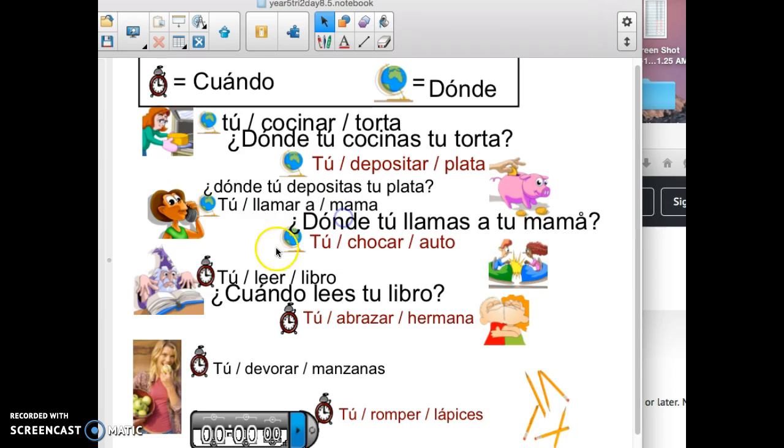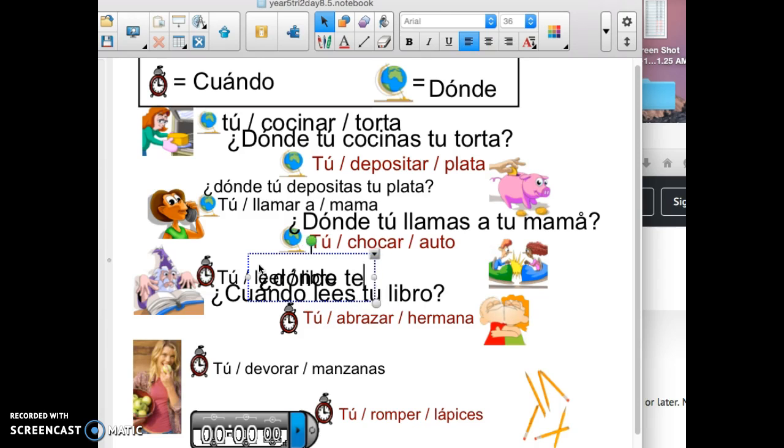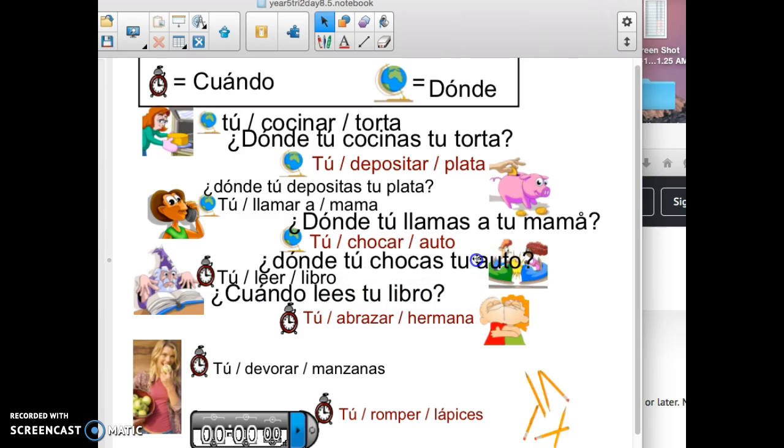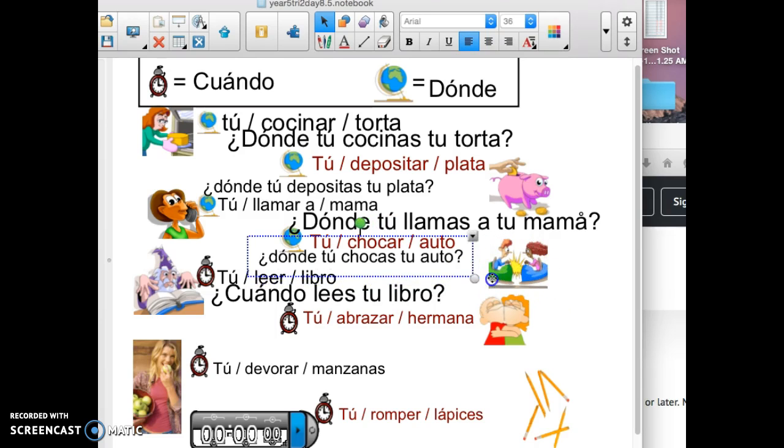The next one, where do you crash your car? Donde tú chocas tu auto. Right here. Donde tú chocas tu auto.